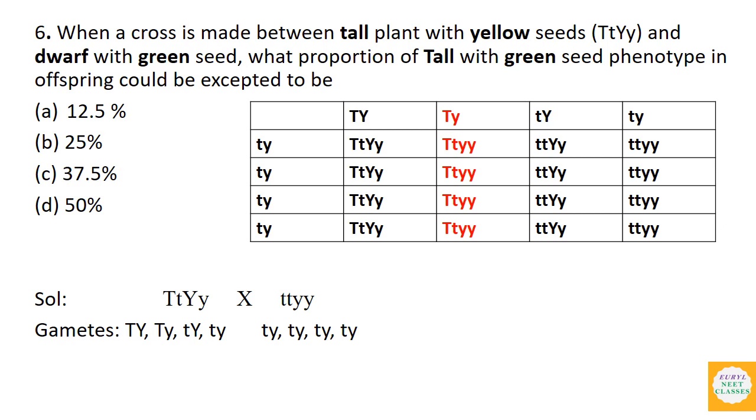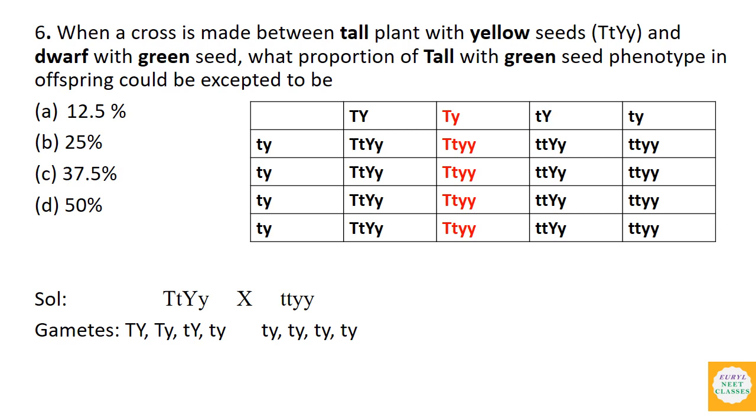So when you see that one, in the above cross, we have seen a heterozygous individual crossing with the recessive individual. So when you take the gametes for capital T, capital Y, small y, we are going to get 4 different types of gametes. Got it? So when you take a dwarf with a green, in that we are going to get only one type of gametes. So when you do the cross, the expected proportion of tall green, ma. What do we want here? Tall green. Tall means what, ma? Capital T, you can take it. And green means what, ma? Small y, small y. So when you see the second column, individuals of this category, tall with the green, tall with the green.